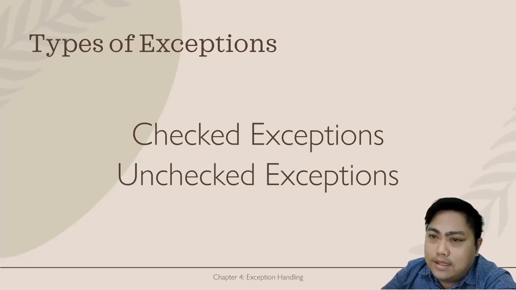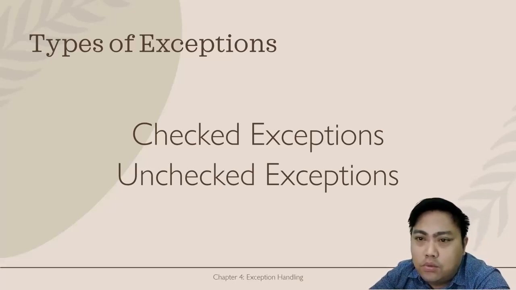Okay, so let's go deep with these two types of exception. So let's learn about the checked exception. We mentioned that checked exceptions are encountered using the compiler, or during the compile time.